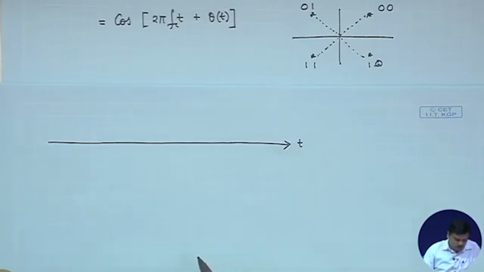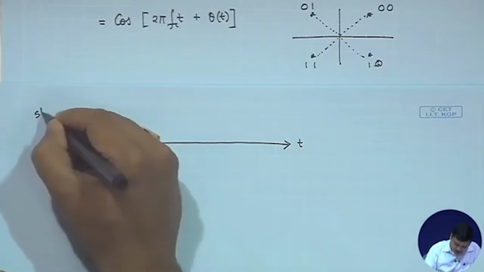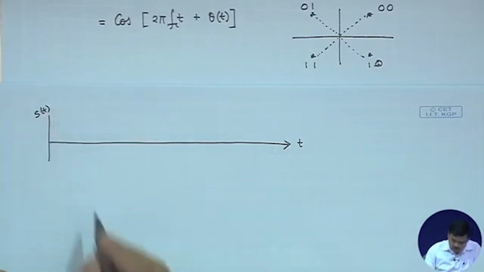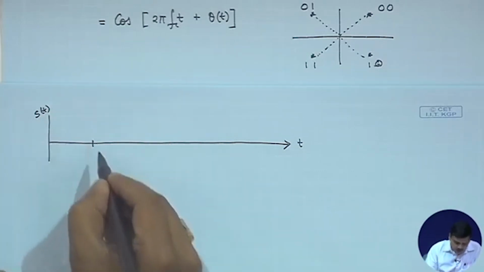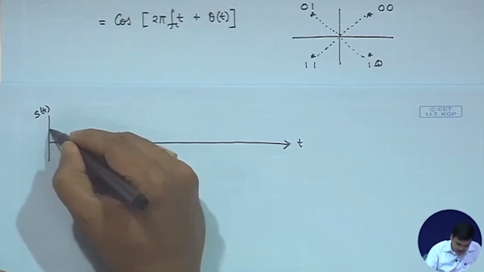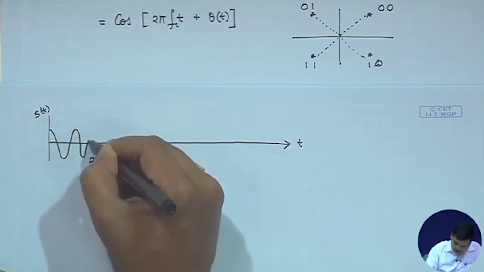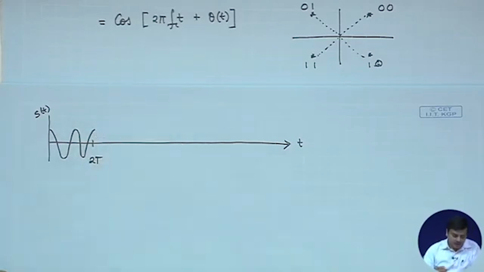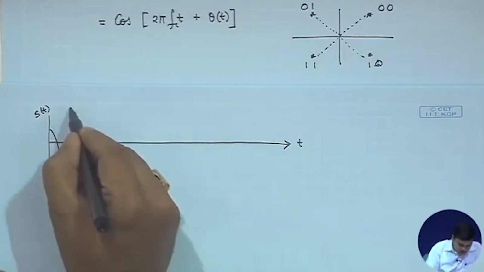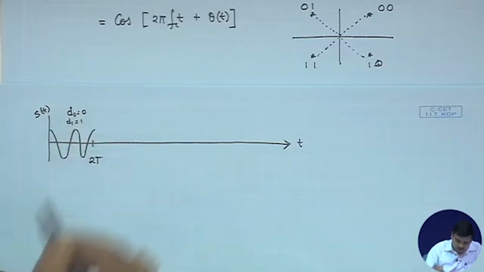So, if this is our time axis t, and on this axis we would like to draw S of t. In the interval 0 to 2t you could get a wave shape which is, let us say, this, right. In the next interval, here you have d0 equal to 0 and d1 equal to 1.